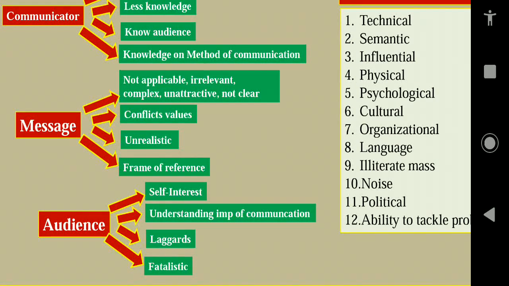Need, interest and ability of the audience are also the determinants of audience attention. Then cooperation, participation and involvement are essential to effective communication also. Communication is a two-way process. If the communicator and the receiver are not on the same wavelength, effective communication may not occur.